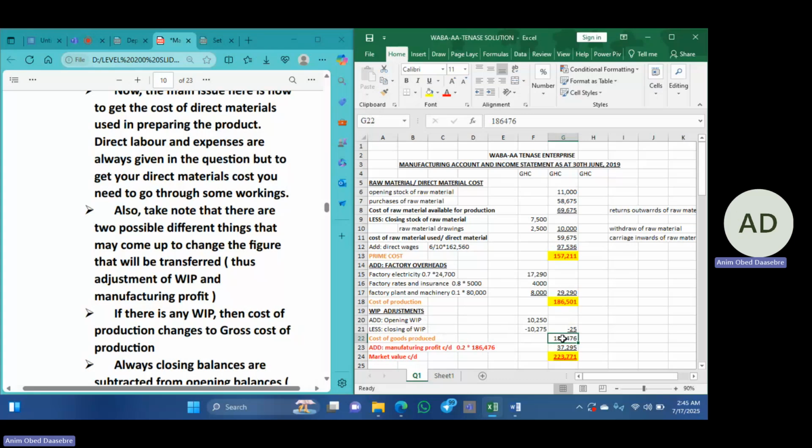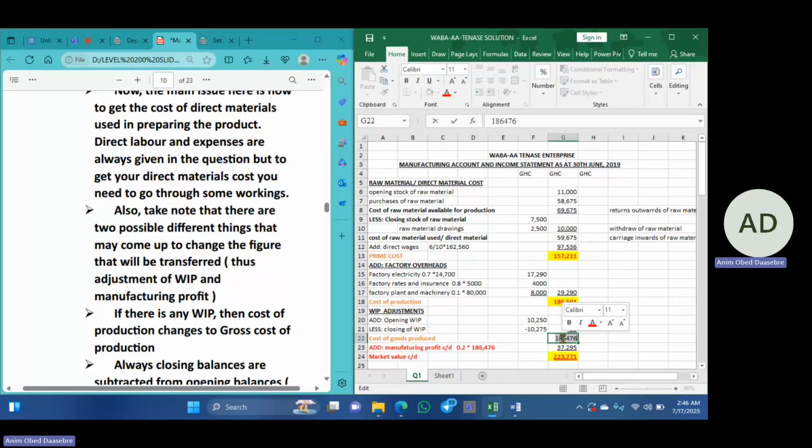This will be the actual goods that you have produced. You get it? So this is the figure that you are going to transfer as the cost of the goods that you have produced.